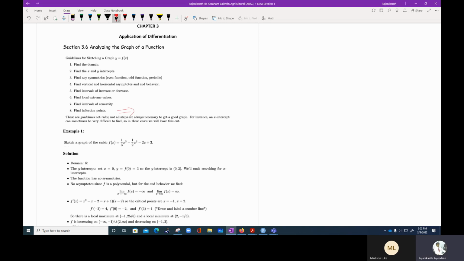To find an inflection point, you need to set the second derivative to 0 and find possible x values, or find some x values where the second derivative does not exist.